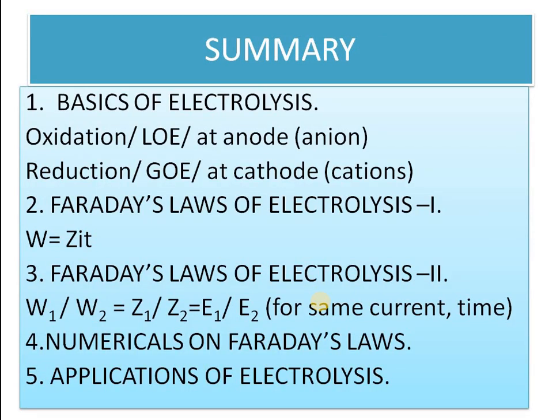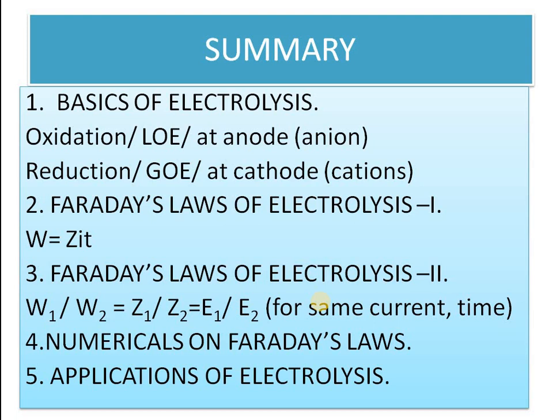Now the summary. The basics of electrolysis we have discussed. Oxidation is loss of electrons, oxidation takes place at the anode, and anions move towards the anode. Similarly, reduction is gain of electrons at the cathode, and cations move towards the cathode. Second point is Faraday's laws of electrolysis.